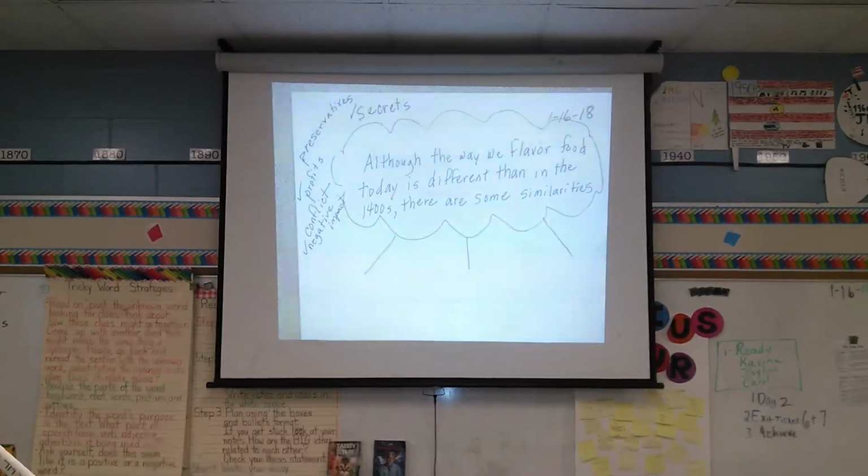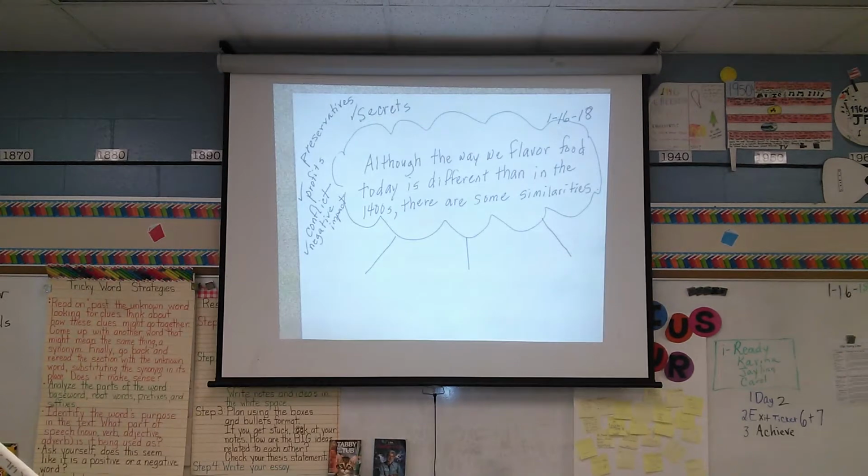There are 4, so just choose the 3 that you feel the most strongly about. And we need to write the information that we would put in our box.